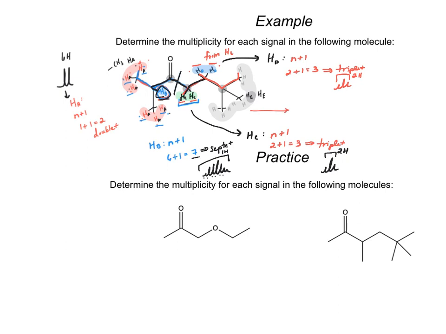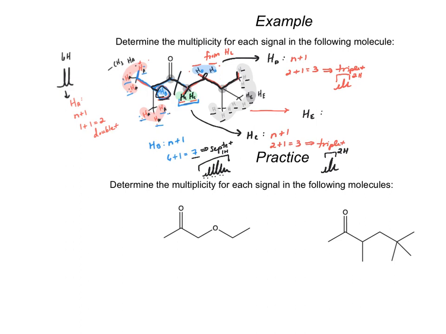And then finally, HE. There's a bunch of them. There ends up being 1, 2, 3, 4, 5, 6, 7, 8, 9 different protons. They don't split each other because they're all equivalent. And if we go back for HE, we find 1, 2, 3, 4, so the nearest proton that could split it is 4 sigma bonds away.